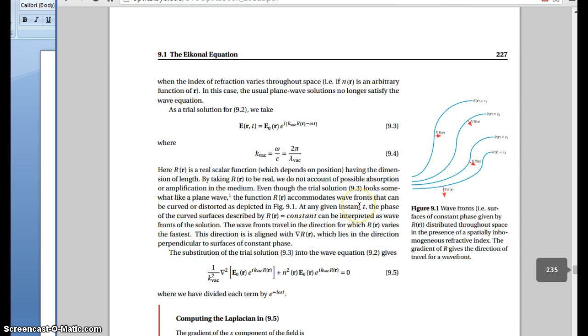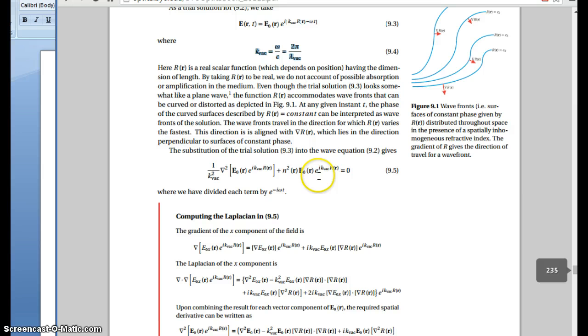So they're suggesting this is a solution to the wave equation, or to this equation that looks very familiar, so I will take it that it has a good shot of being right. Where obviously k, we've already learned these relationships. So obviously 9.4 is just a tautology.